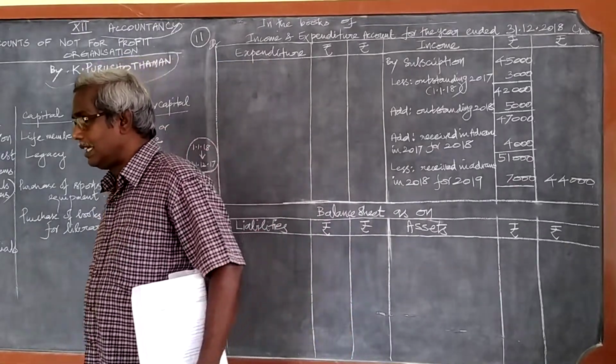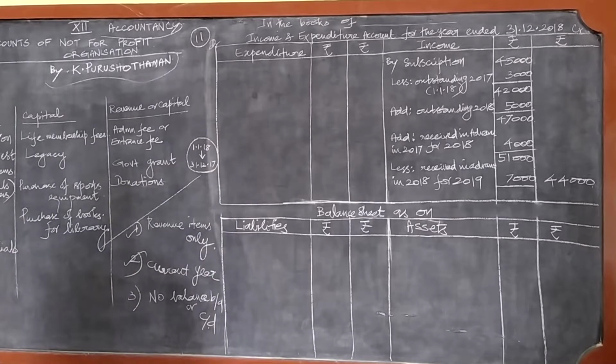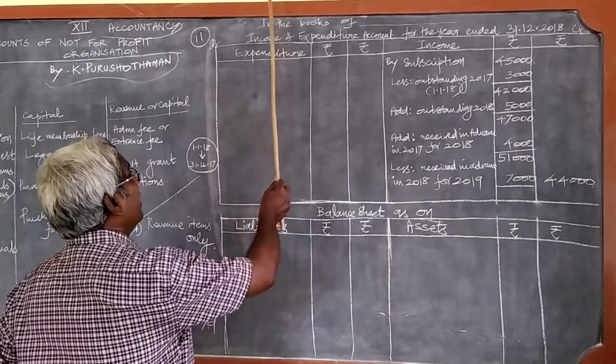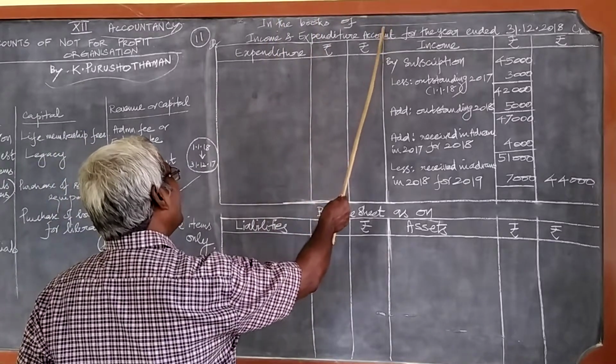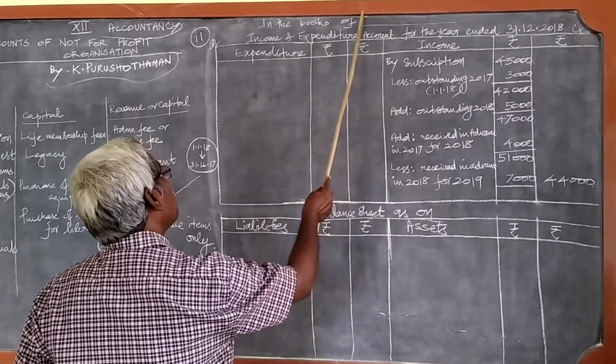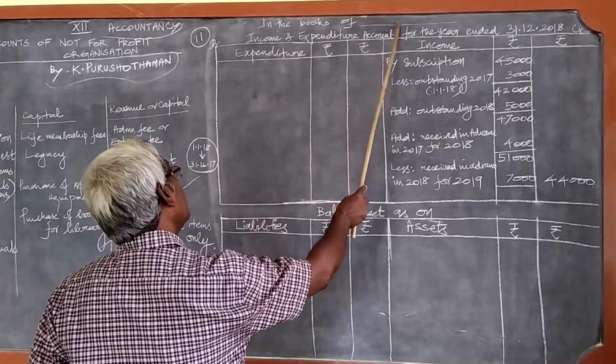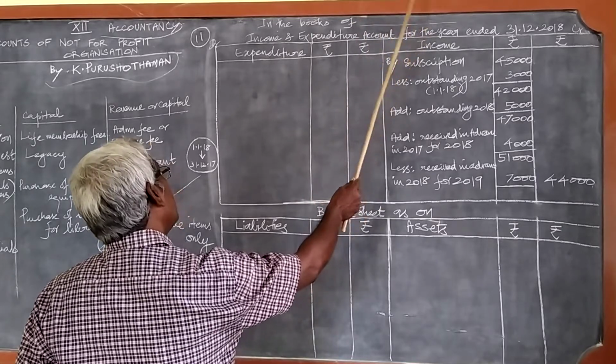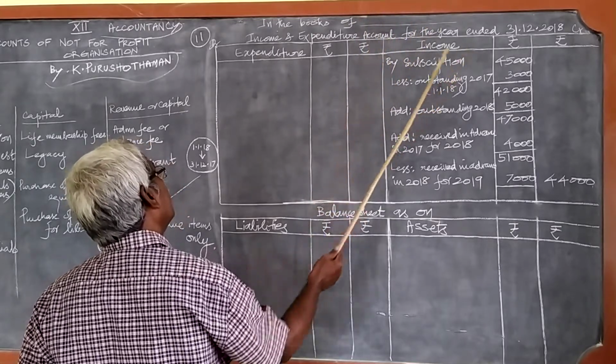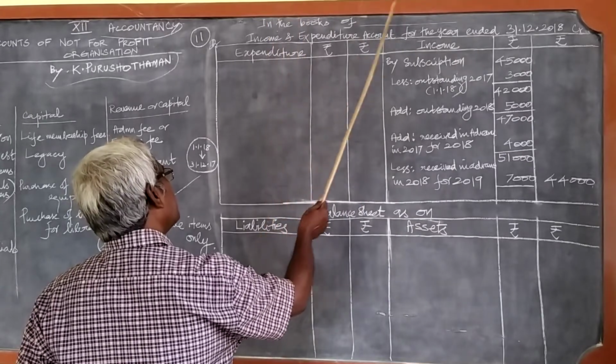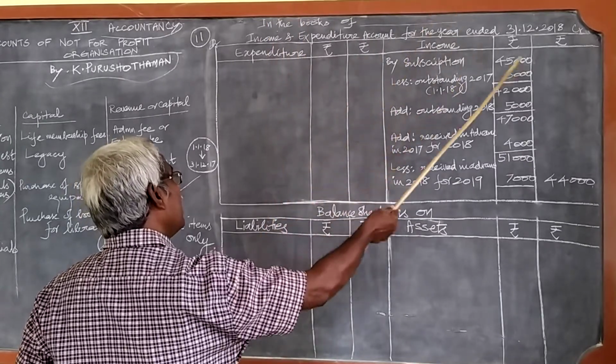Once again, I repeat or I shall highlight some points. From the top, this is in the books of, you should write always in these types of problem. If there is any name given, name of the club or association or mandram is given, we can write it. This is income and expenditure account for the year ended.